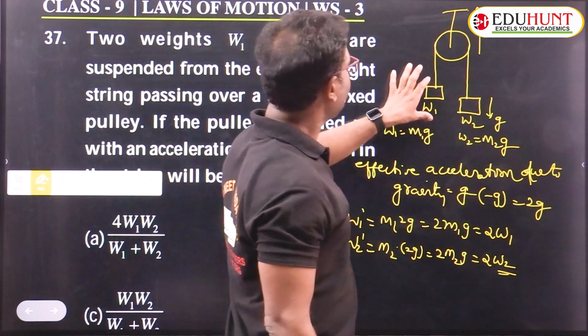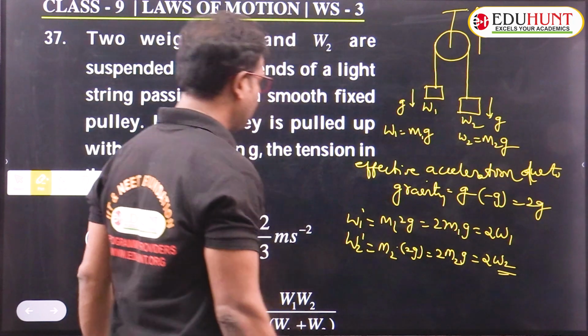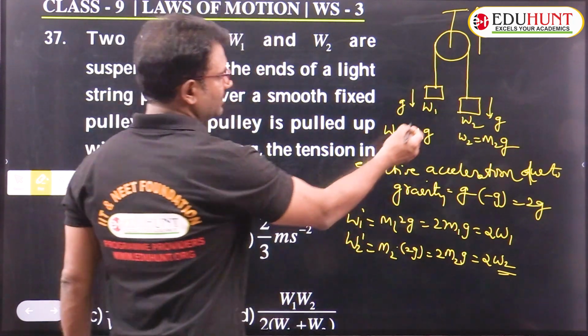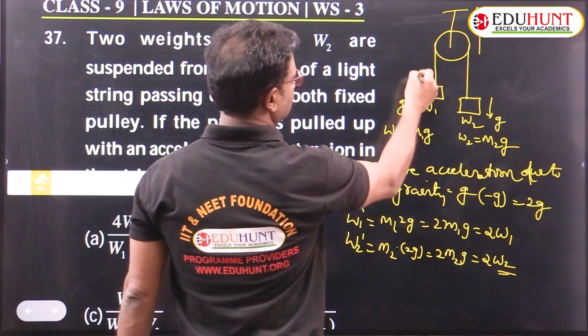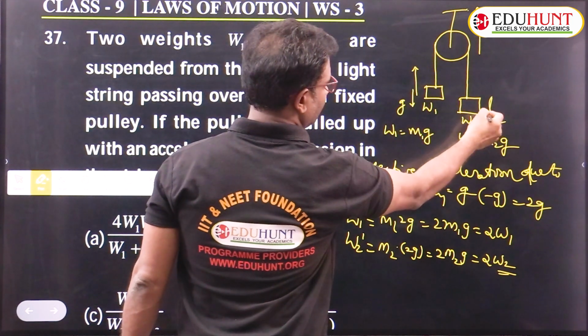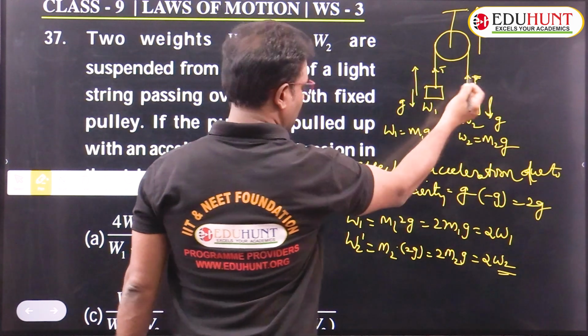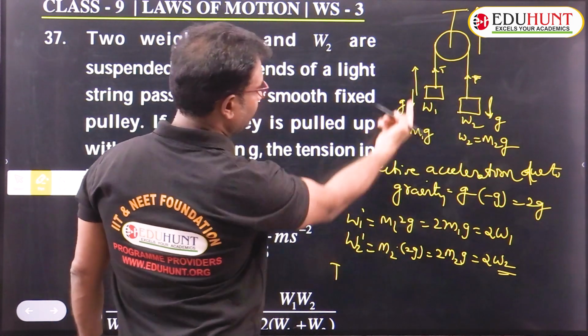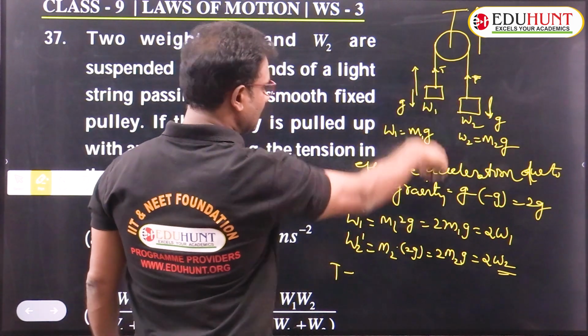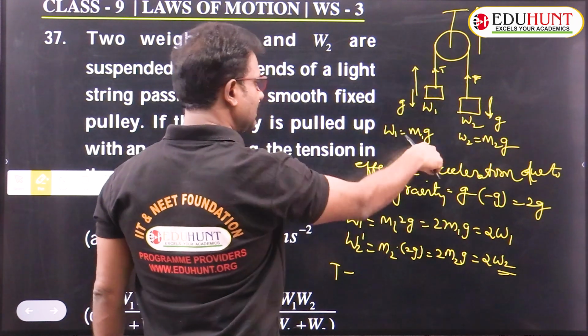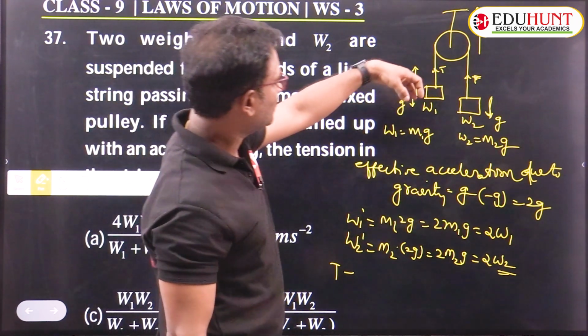Now if I take the free body diagram of w1, what am I going to get? Say it is moving upwards, and the other is moving downwards. Here this is a tension, this is a tension. So here T minus mg. Mg means the downward weight.